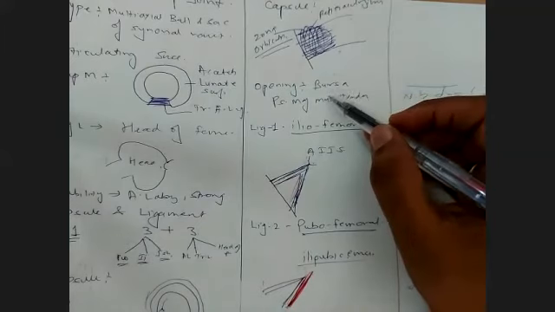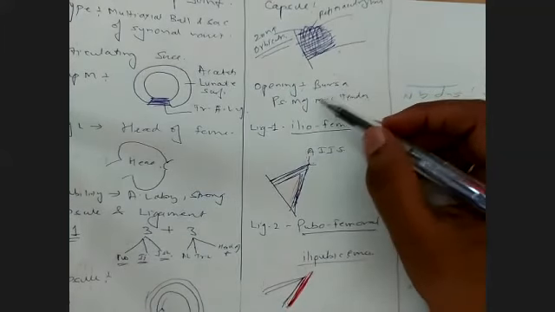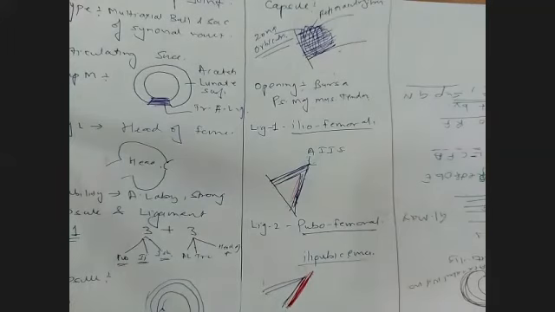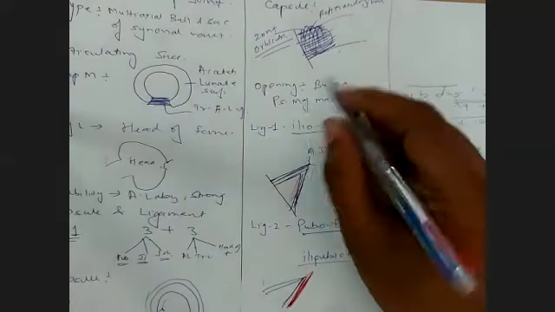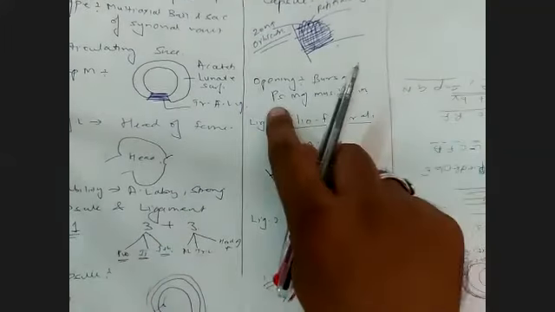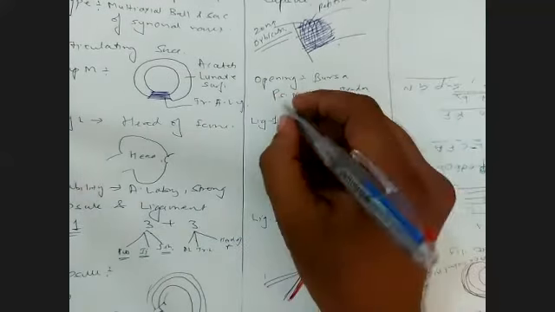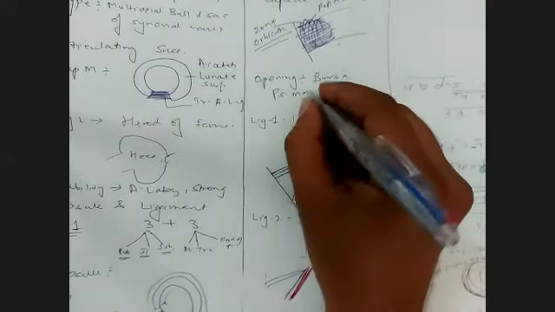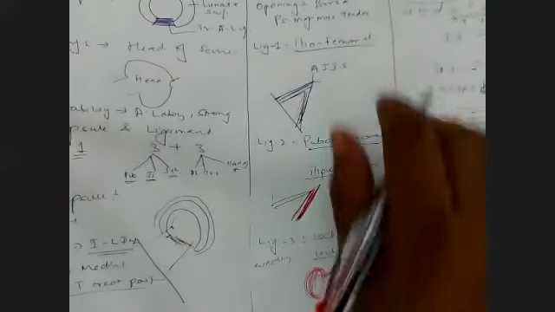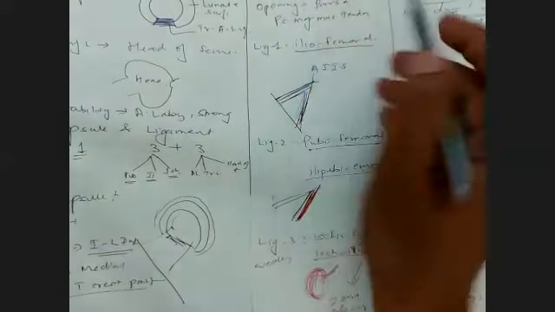There is an opening which communicates with the bursa deep to the psoas major tendon. So this bursa, if it gets infected, can infect the joint.